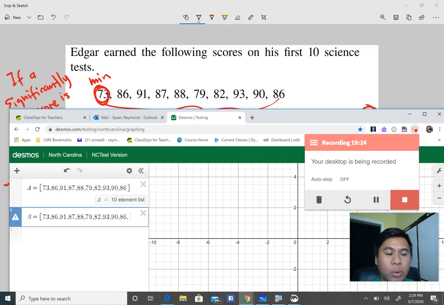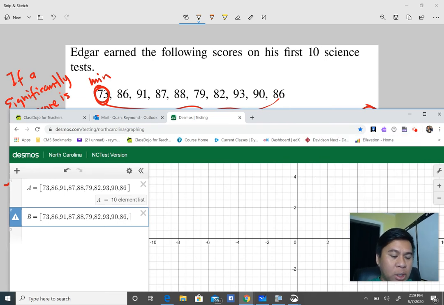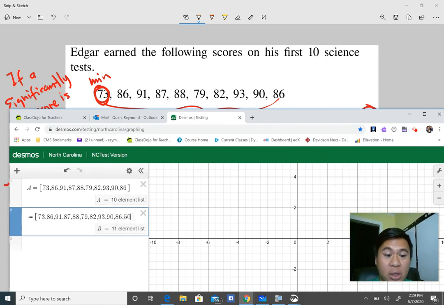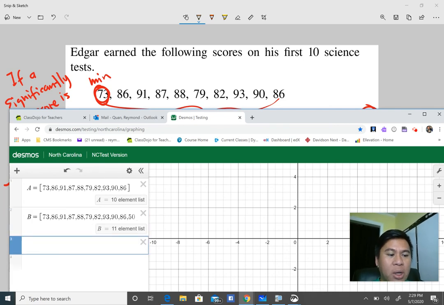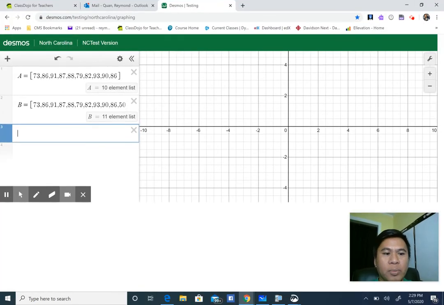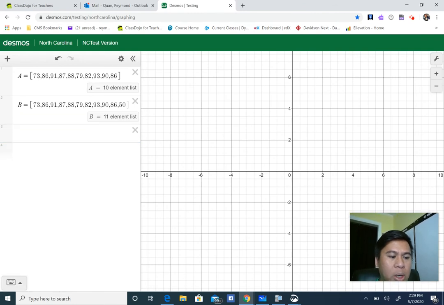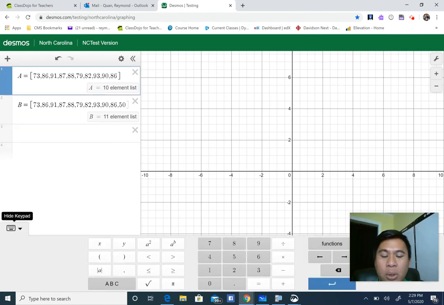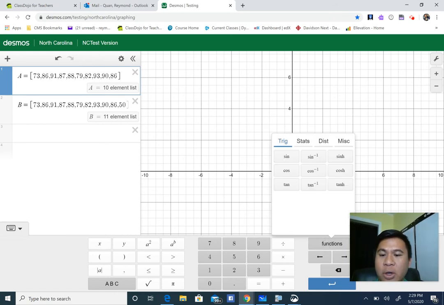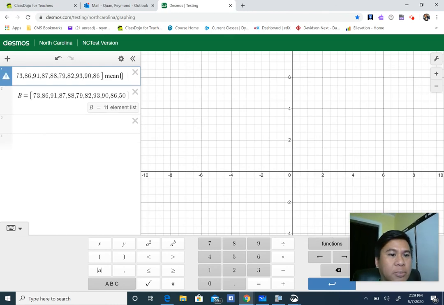What I'm going to do now is to create another array of numbers. Let's call it array B, having the same values, but I'm also going to add a 50 in there. Now for number 3, let's compare the means of these two. To get the mean, we can go to our keypad, and under functions and stats, we can see the mean.